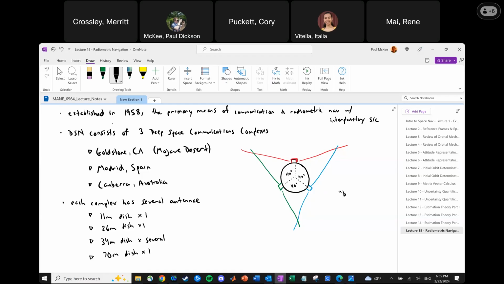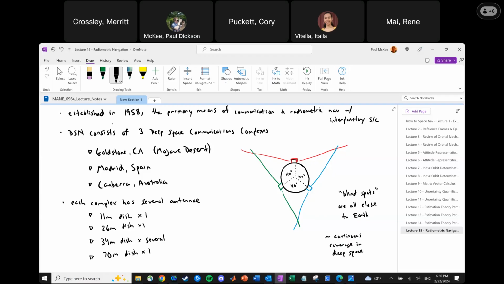The blind spots are all close to the Earth, and there is essentially continuous coverage in deep space. There we are. So that gives us some information about what's going on the ground.